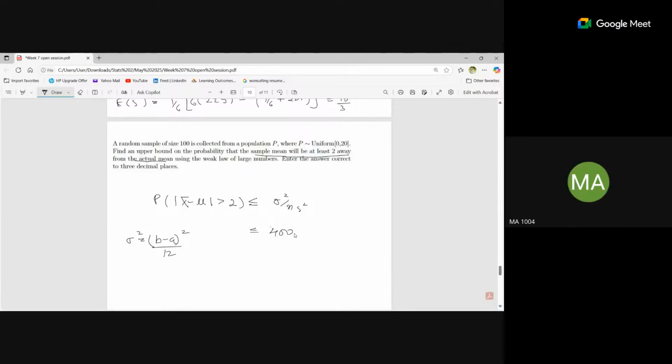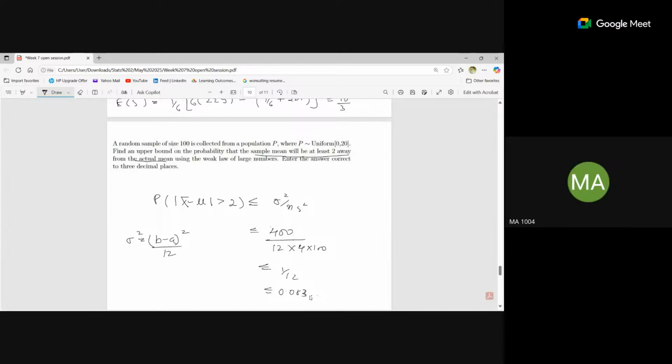So it will be 400 divided by 12, divided by n, which is 100, times delta square, which is 4. If you solve it, you will be getting 1 by 12, which is equal to 0.083 something.